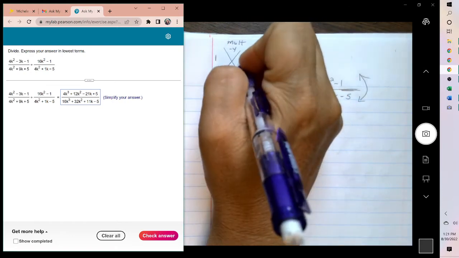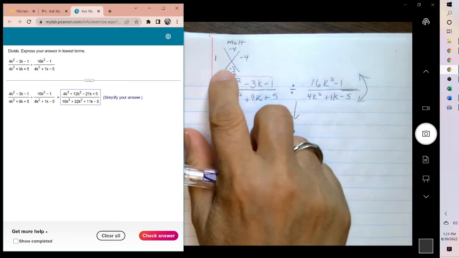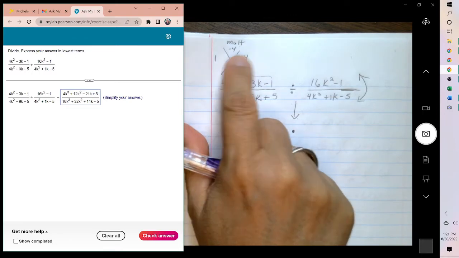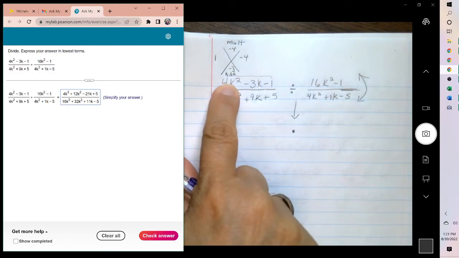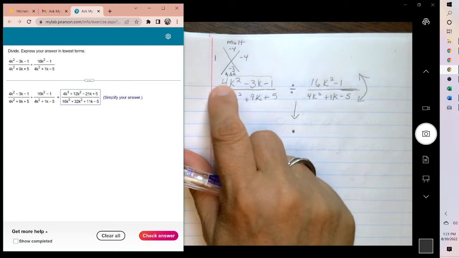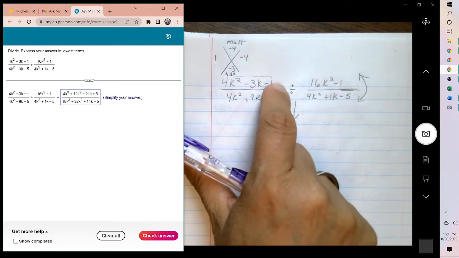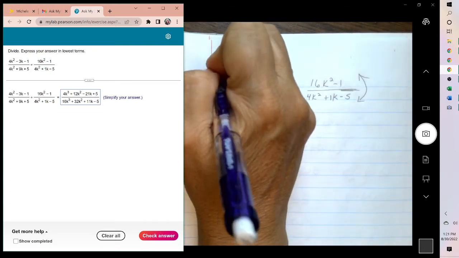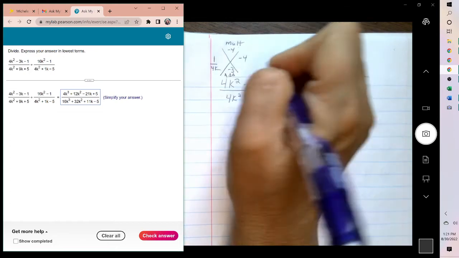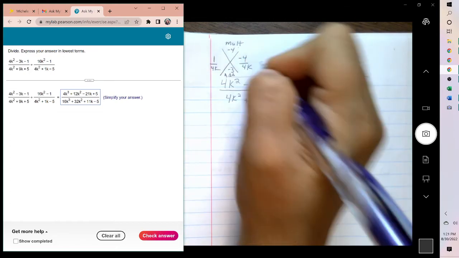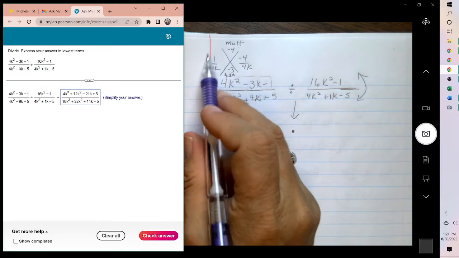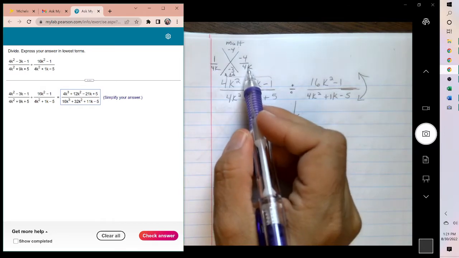So two numbers that multiply to -4 and add to -3: a +1 and a -4. When you multiply those, you get -4. When you add them, you get -3. But because we multiplied this 4 in, now you need to divide it out. So 4k over 4k and 4k over 4k. This one won't reduce, but this one will.